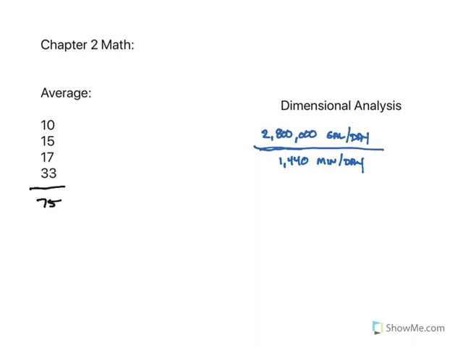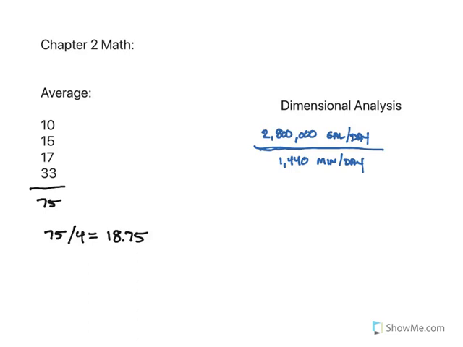So in this case, 75 divided by 4 gives us an average of 18.75. So hopefully that one was pretty easy for you.